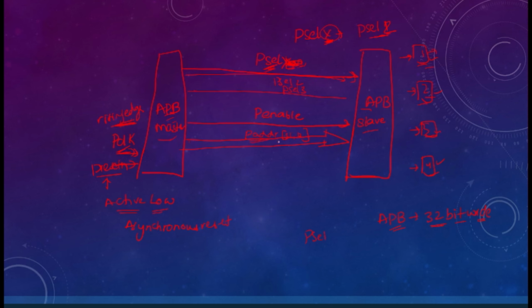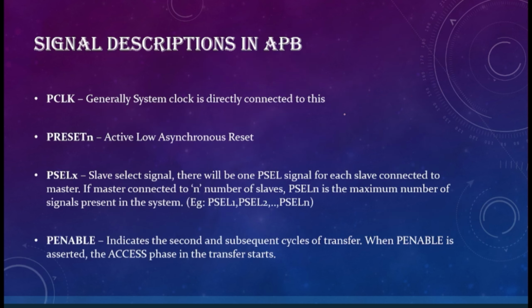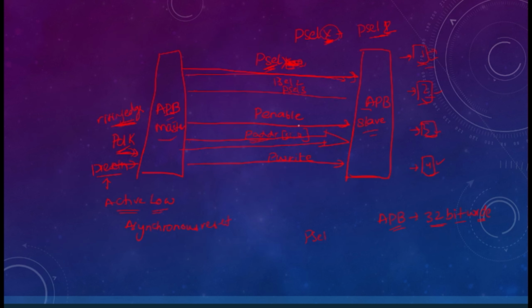Right? So after p address, the next signal is p write. What is this p write signal? P write is like a control signal. Whether you want to read the data from the slave or write the data into the slave, these are the two operations that will be happening, either read or write.